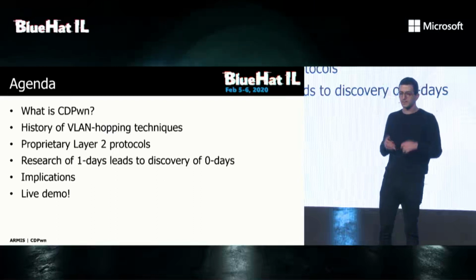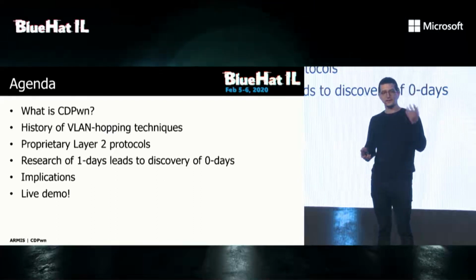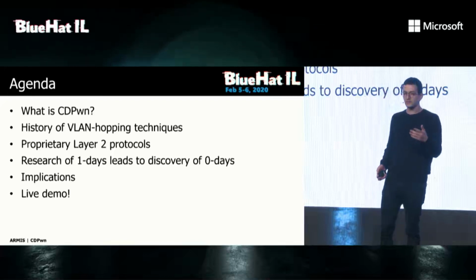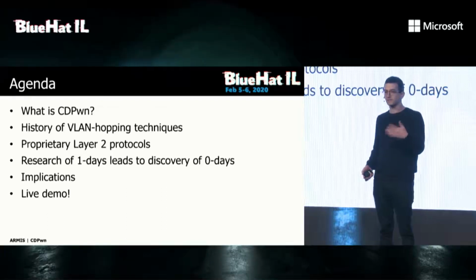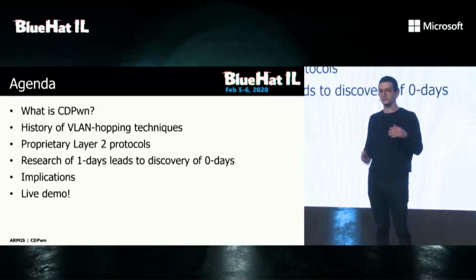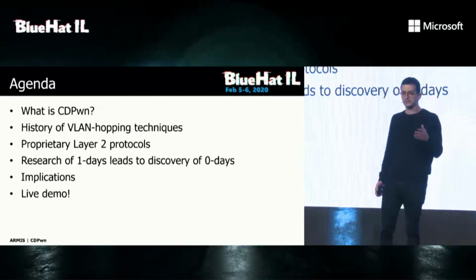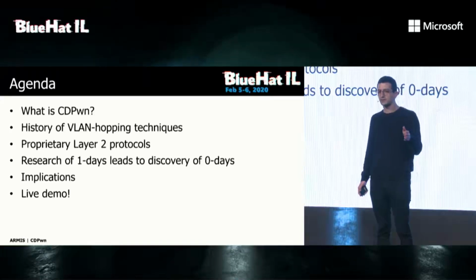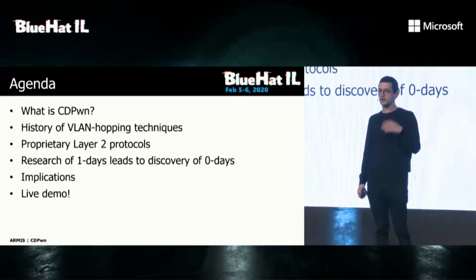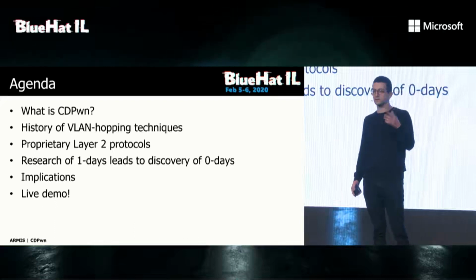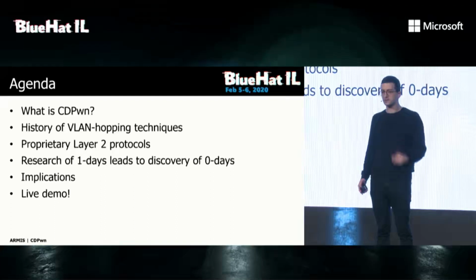This research, actually a bit like what Matty talked about, started from researching vulnerabilities that were already closed, patches that might not have been as good as they should have been. So we looked at previous disclosures in various layer 2 protocols from Cisco, understood the underlying bugs that were fixed, and from there continued the research and actually found new vulnerabilities.